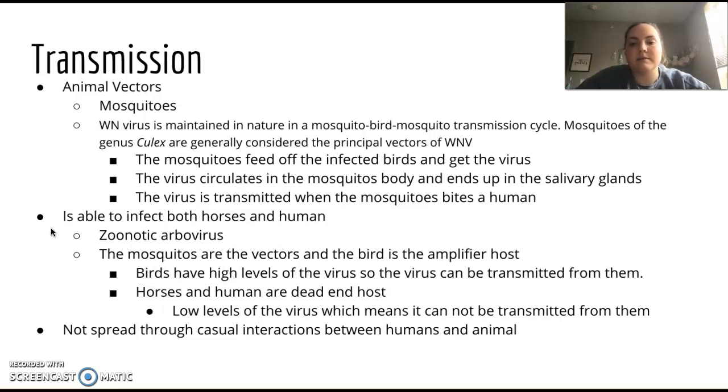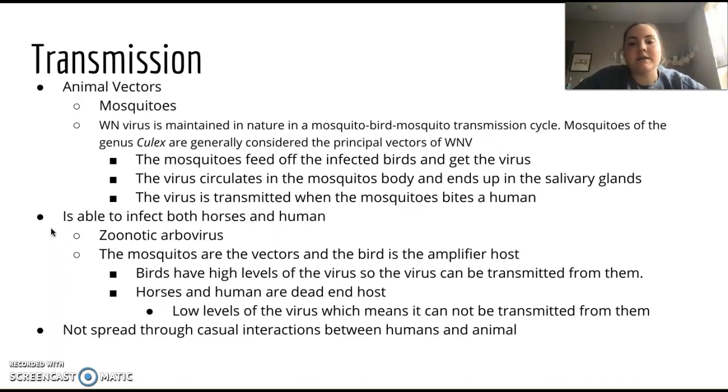So how it works. The mosquitoes feed off the infected bird and receive the virus. The virus circulates in the mosquito's body for 2 to 3 days, which ends up putting it into the salivary glands. And then later, when it feeds off a human, the virus is transmitted once the mosquito bites the human.